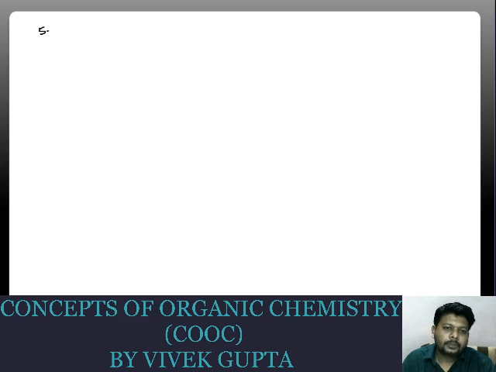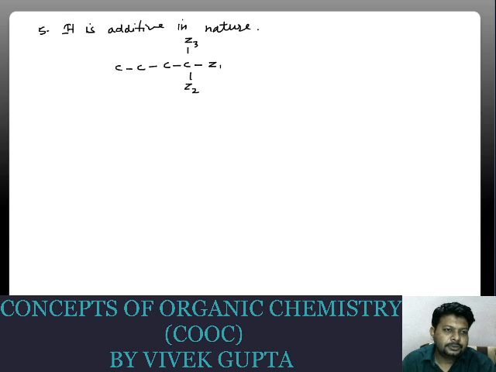Fifth point, it is additive in nature. What does it mean? Suppose there is a carbon chain and there are groups attached to this carbon, that is Z1, Z2 and Z3. Suppose there are three groups, and let's say Z1, Z2 and Z3, they all have electronegativity greater than electronegativity of carbon.